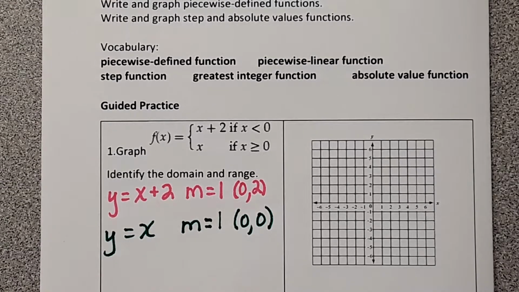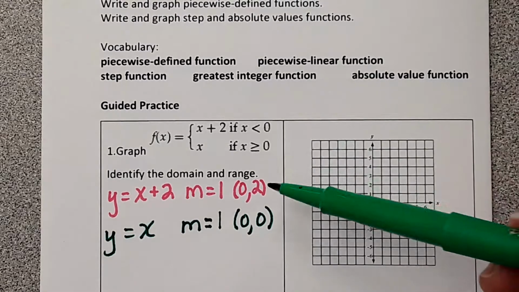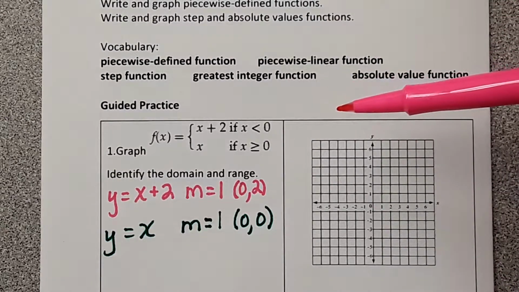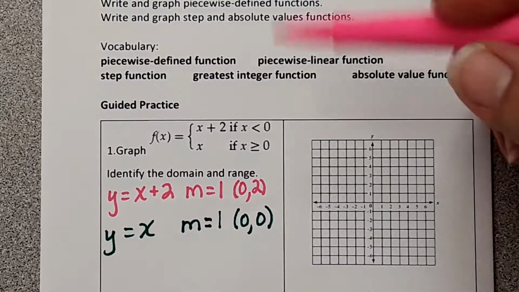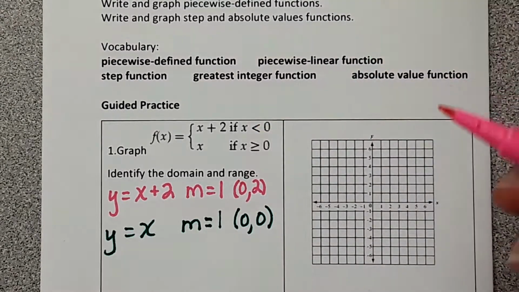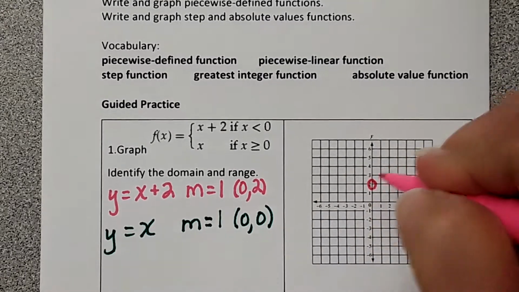So we are going to graph the first line. I'm going to graph that in pink. And it says that b is 2. But if you notice, it has less than, right? See how it says x less than 0? So we're going to put an open circle at 2.